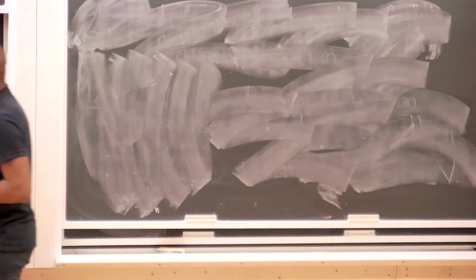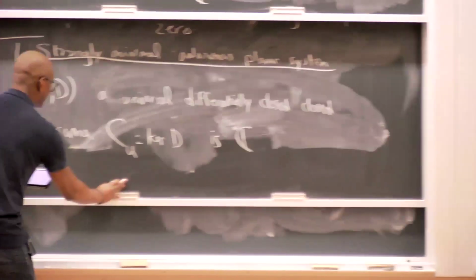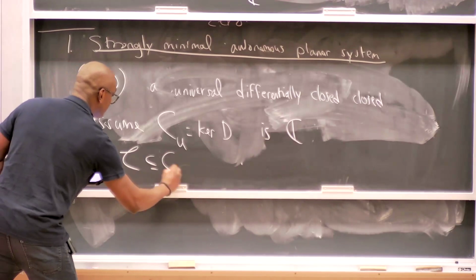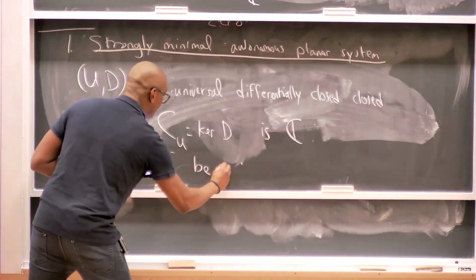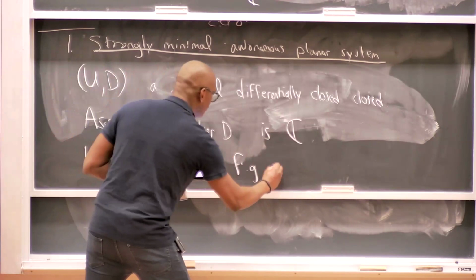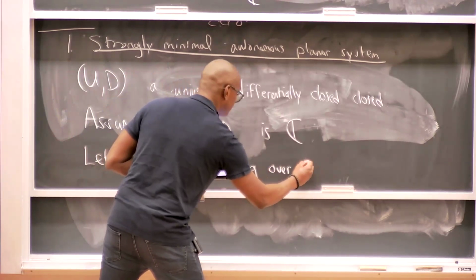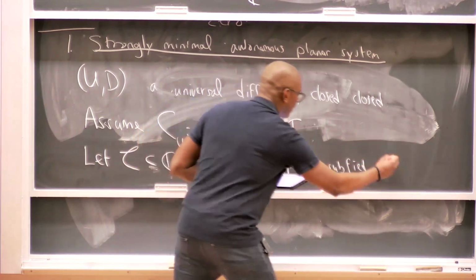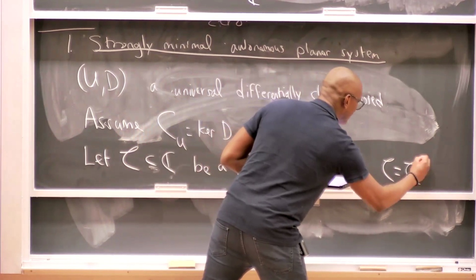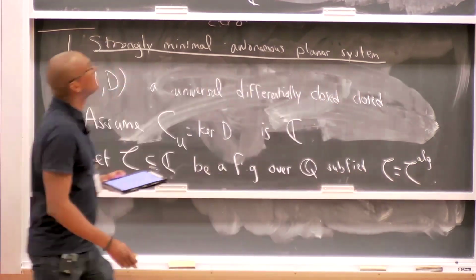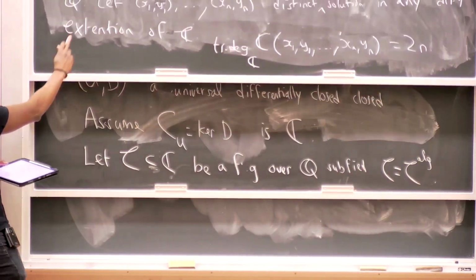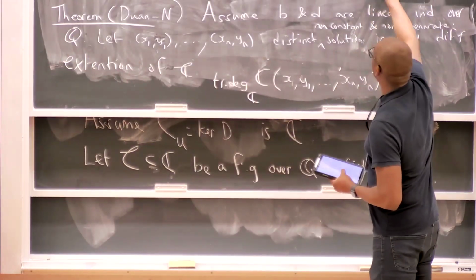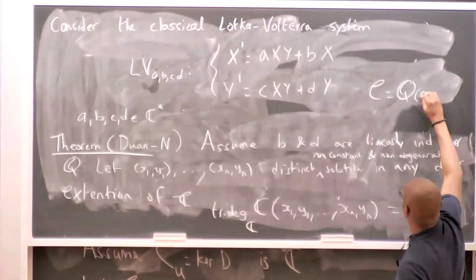So I fix a subfield, let curly C be a finitely generated subfield over Q. And I'm going to assume that it's algebraically closed. For the setup of the LV system, curly C will be Q adjoin those parameters.